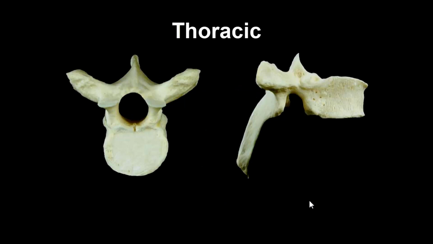This is going to be kind of the mid-thoracic region. So this is the thoracic vertebrae. Here we see the body, here and here. We have the transverse processes. Here is the spinous process, pretty long spinous process.